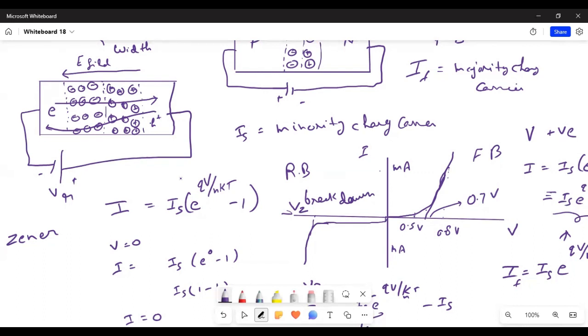So it's like impact ionization. They move very fast because of the electric field, scatter with the atoms, ionize them, and in result generate more electrons and holes. This way we see an avalanche, and this is called avalanche breakdown voltage. It usually happens at a higher voltage.